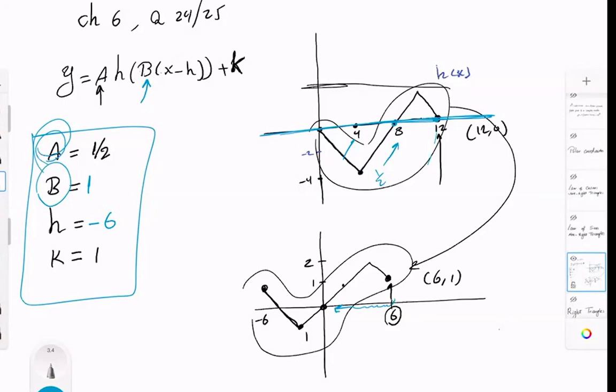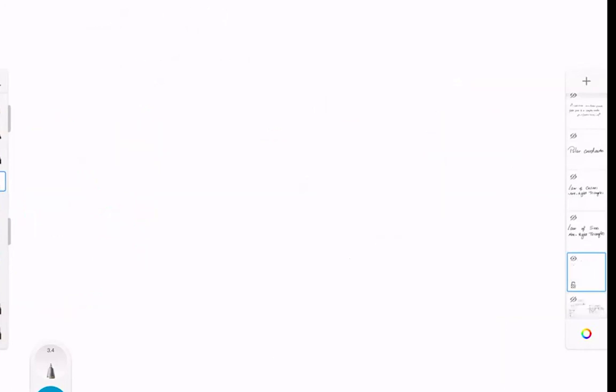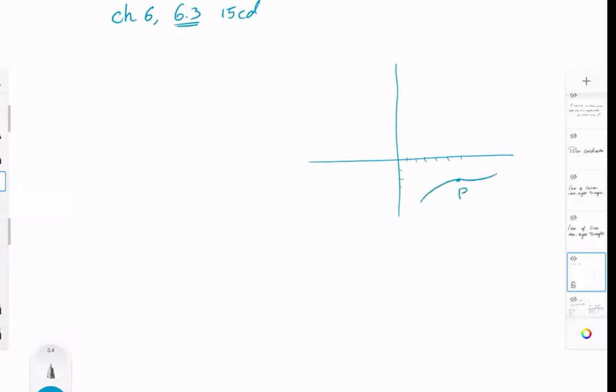So the idea about this is, we have chapter 6. We have a point, 6 and -5, which is part of the graph.